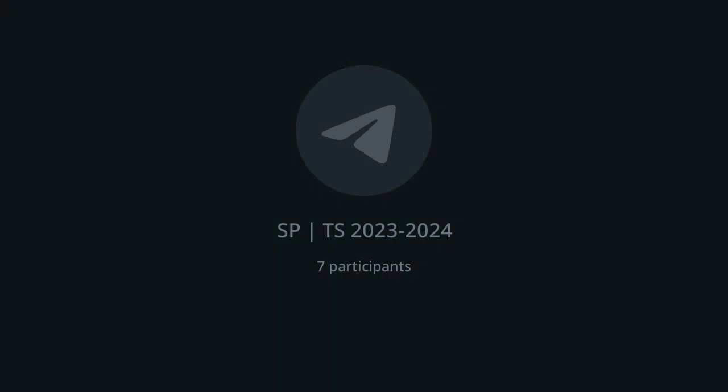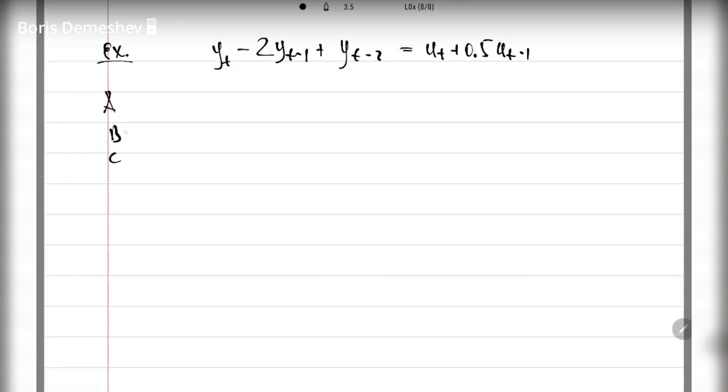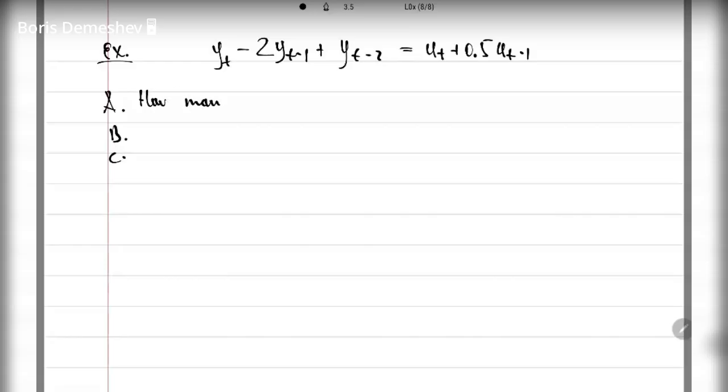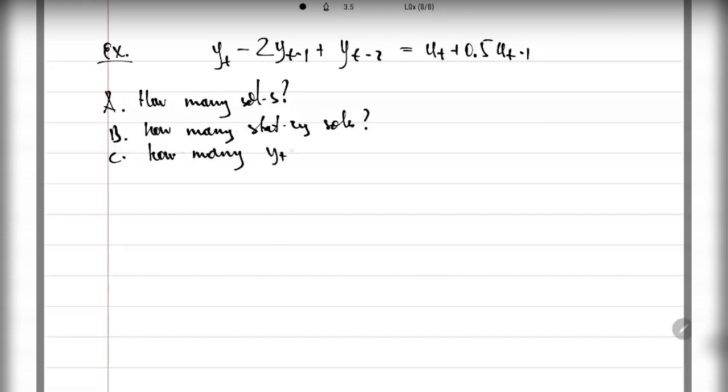The same question, how many A, B, C? I'm a little bit lazy to copy questions. How many solutions? How many stationary solutions? How many solutions of the form yt equals mu plus ut plus alpha 1 ut minus 1 plus alpha 2 ut minus 2 plus and so on?